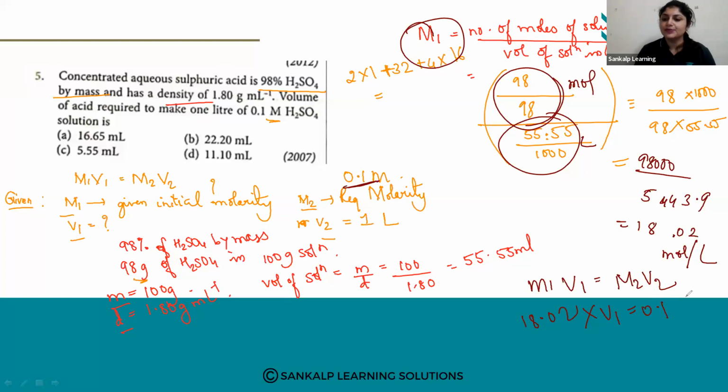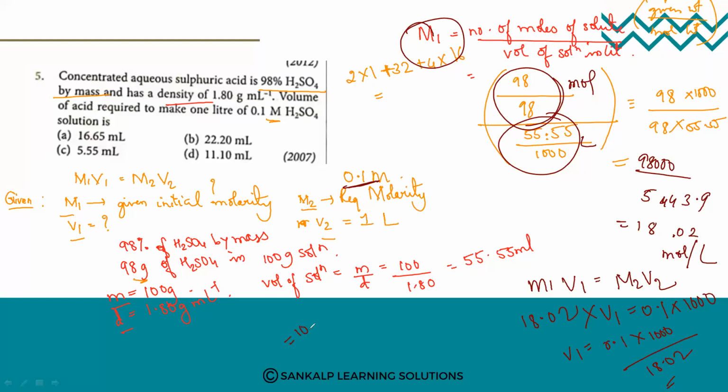So 0.1 into 1000. Now keep V1 aside, so it will be 0.1 into 1000 divided by 18.02. Just see what answer you are getting. 0.1 into 1000 comes to 100.